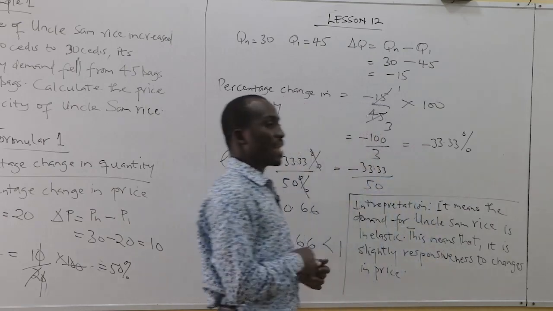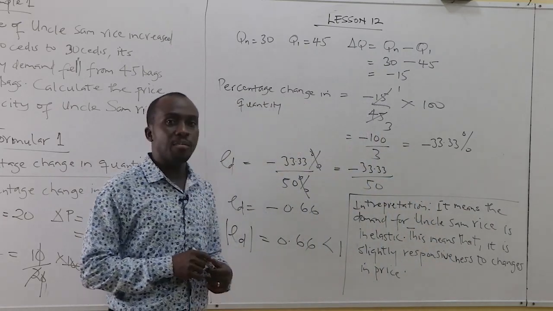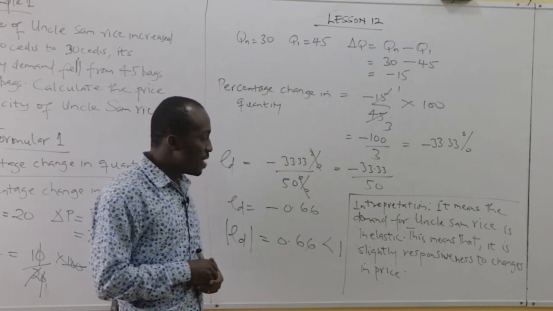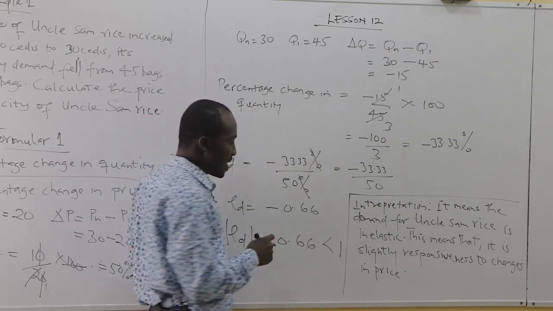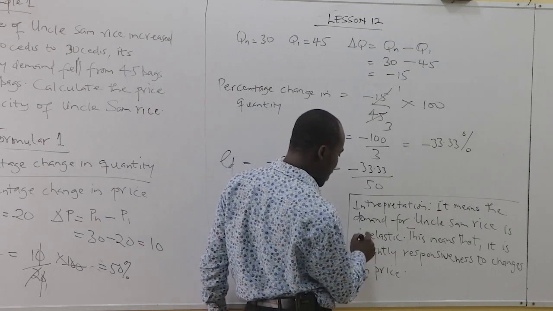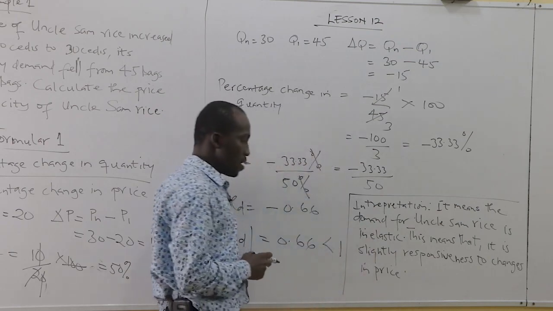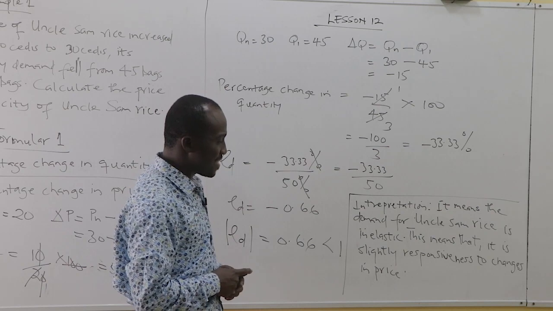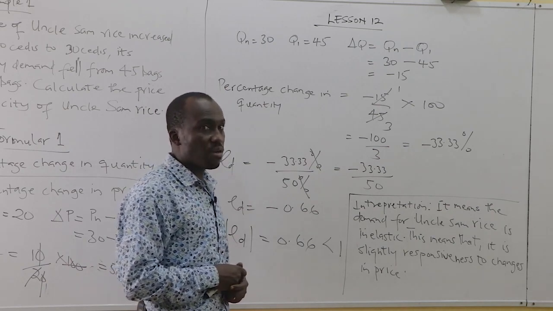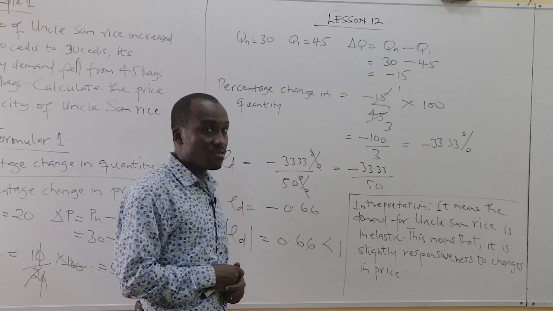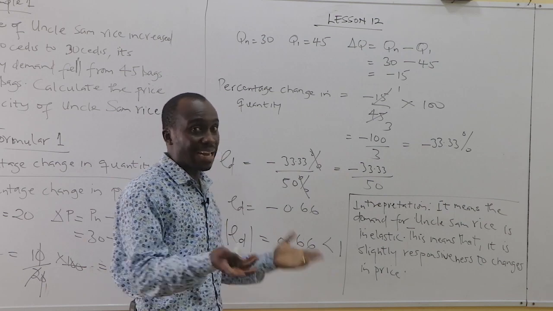So I told you that when the elasticity is less than 1, it means that the commodity is inelastic. So it means the demand for Uncle Sam rice is inelastic. What does it mean? That the demand for Uncle Sam rice is slightly responsive to change in price. So even if the price increases, Ghanaians will still be buying. Only few people stop buying, but they like the rice.